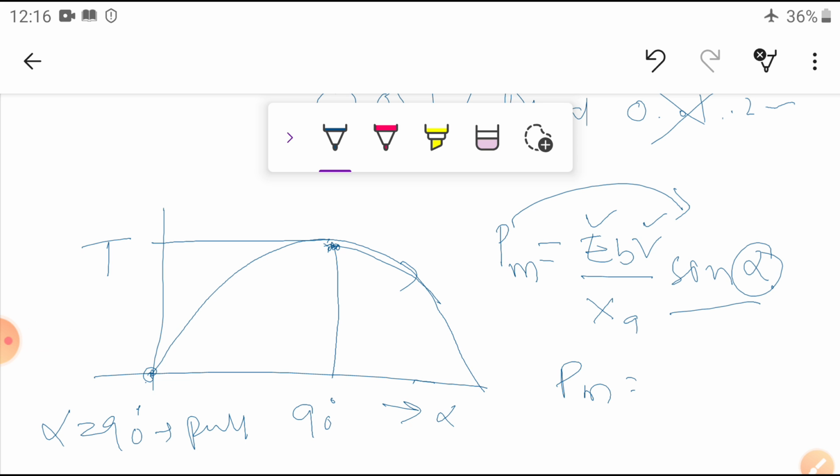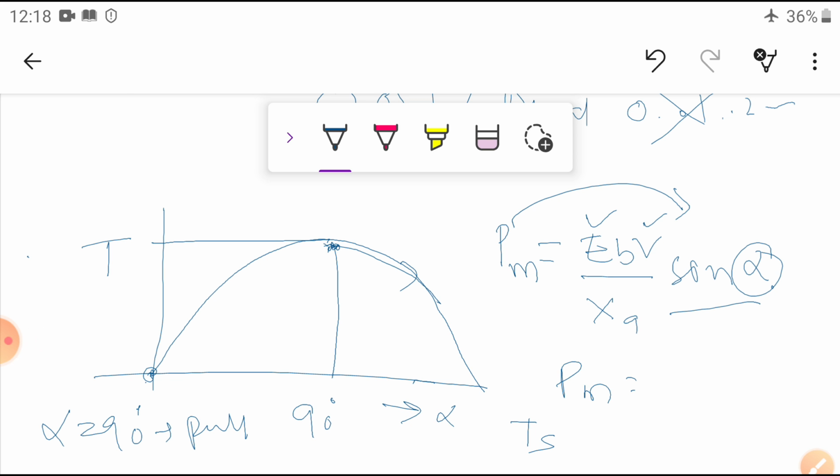T synchronous is the steady state torque required to drive the synchronous motor at synchronous speed.